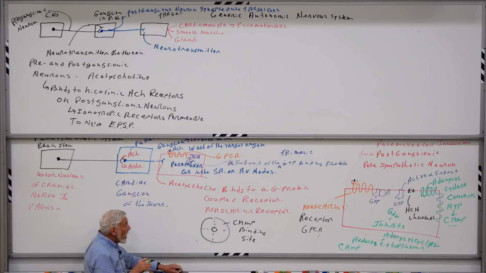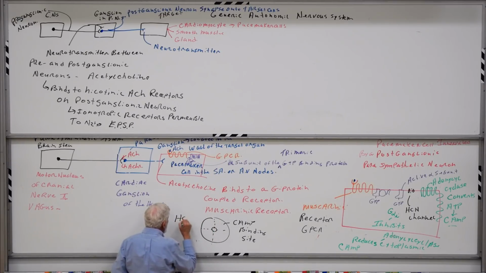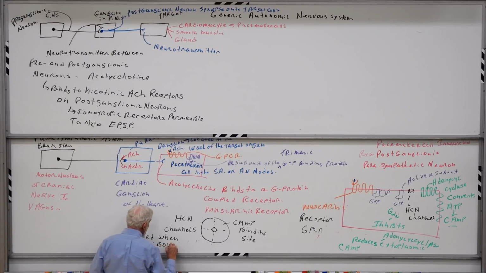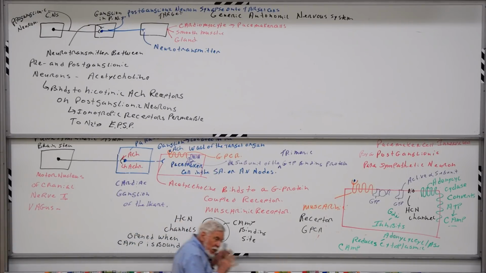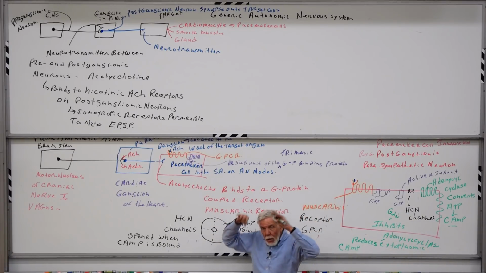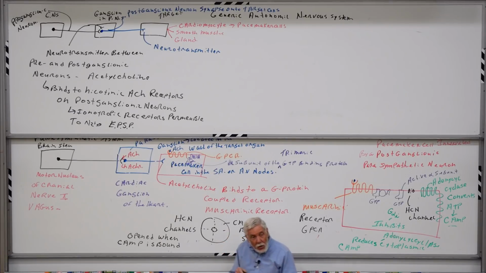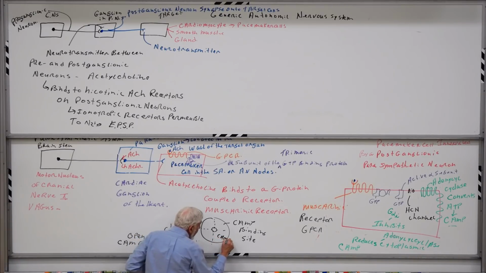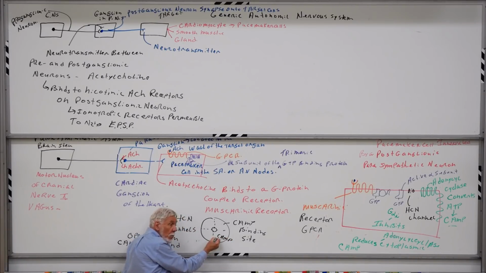And we said, too, that these so-called HCN channels open when cyclic AMP is bound. But these channels are different than the other ones we talked about, because the others, whenever we bound a transmitter, they open. Now, these guys aren't quite the same. They're kind of gradated over a range, so that if we bind cyclic AMP to this number 1 subunit, that increases the probability.